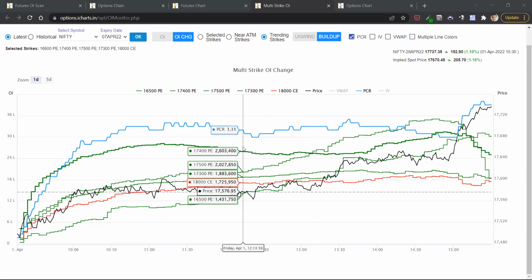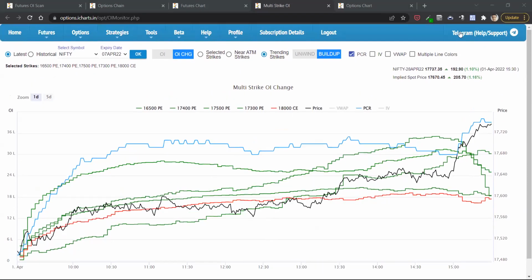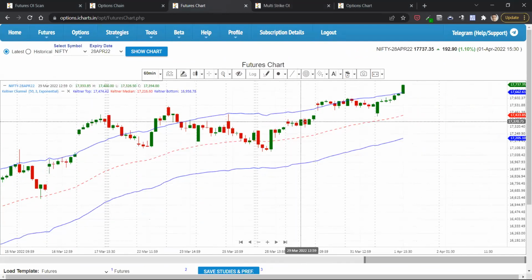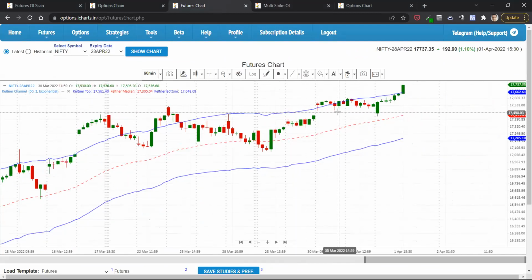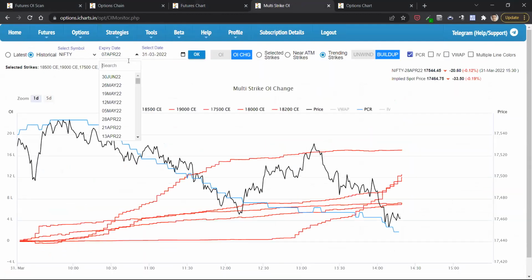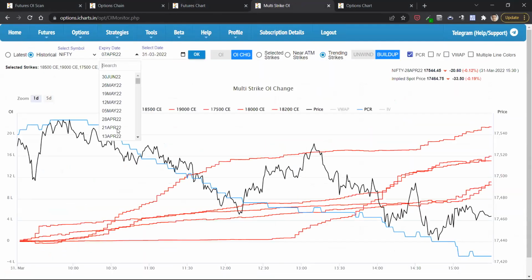But this would help on a trending day, right? On a sideways day, we can take a look at a historical one. Let me take a look at a sideways day, which was 29 March, or rather, 30th March, which is more sideways. Let us take a look at 30th March.